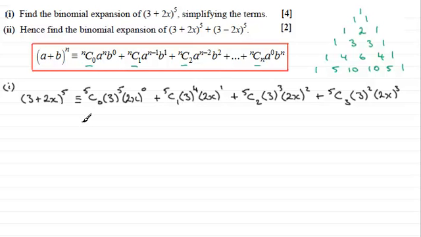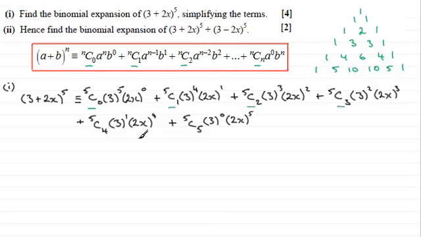And we are running out of room here, so we've got 2 more terms to write in, so we'll put plus, and now from 5C3, we've got 5C4, and then we've got 3^1, (2x)^4, and for the last term, we now have got 5C5, which will be the 1 here, and then it'll be 3^0, and then (2x)^5. So let's just highlight these in green there, okay?